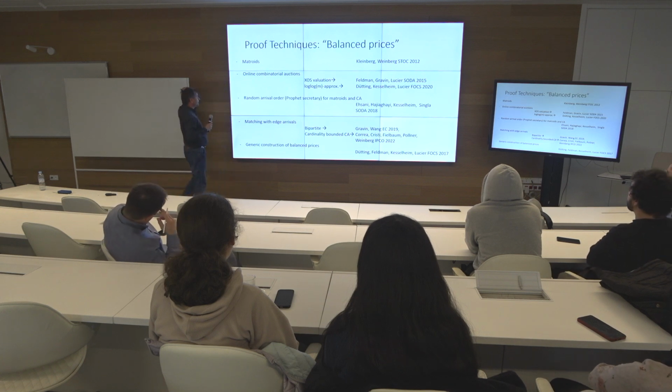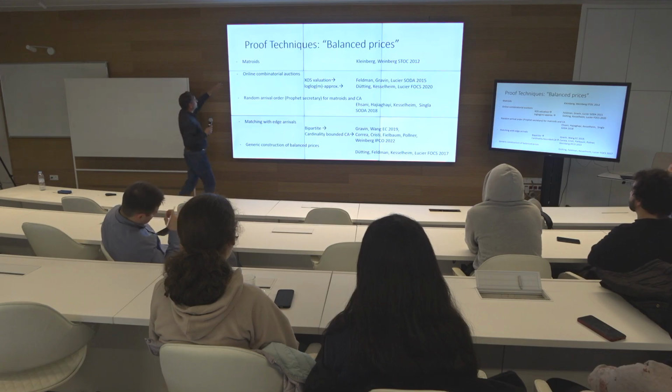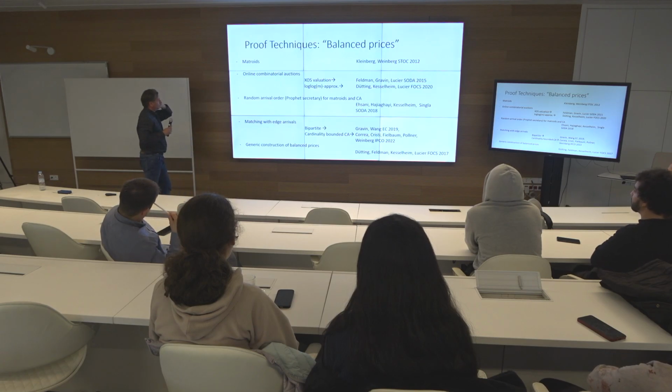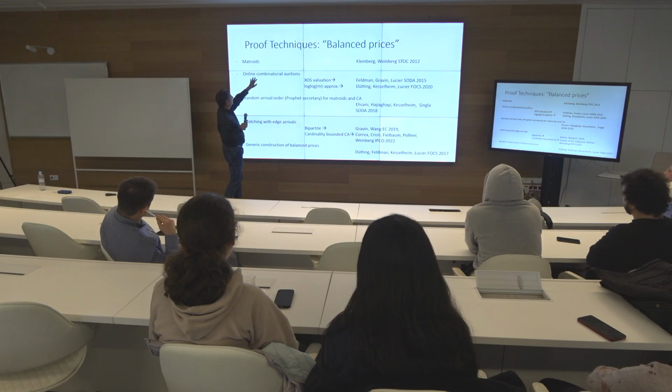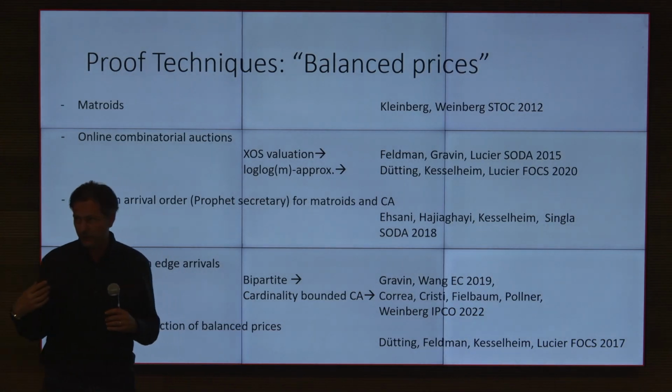One interesting example is matroids, but it's a more complicated algorithm. They use this idea of balanced prices, but it's a dynamic version of it. Even if you go to online combinatorial auctions, and maybe this is something I want to mention. Online combinatorial auctions is the same model, but now instead of selling just one item, I'm selling a set of items.